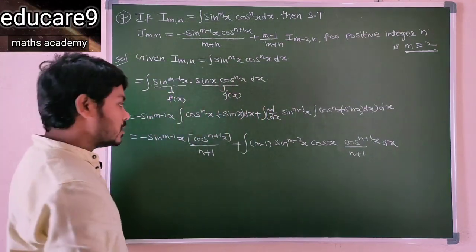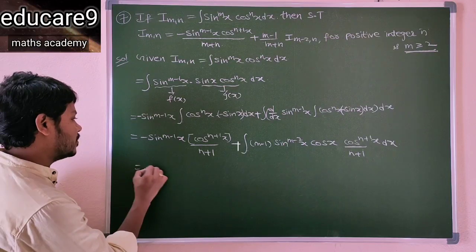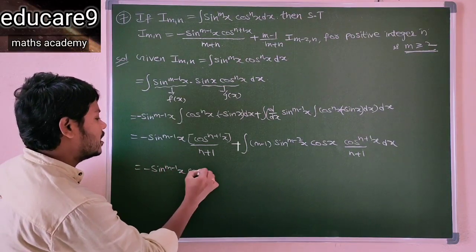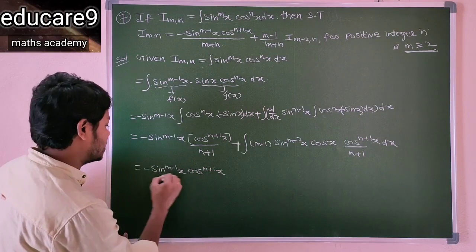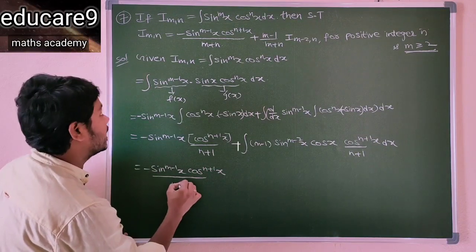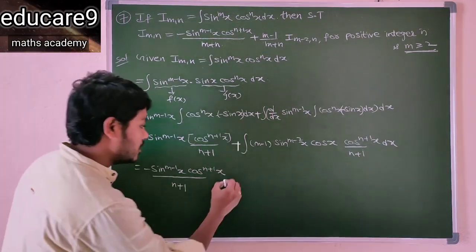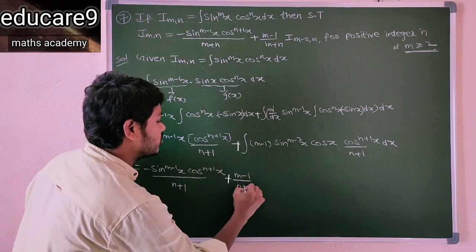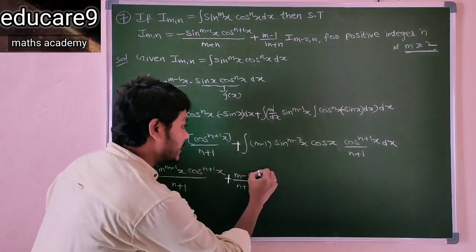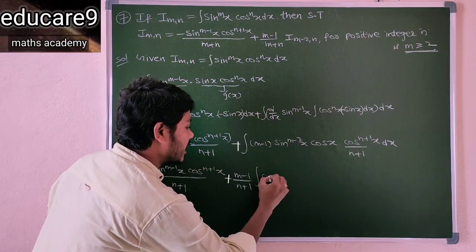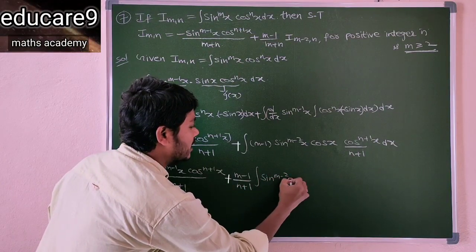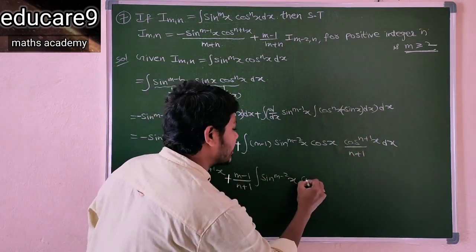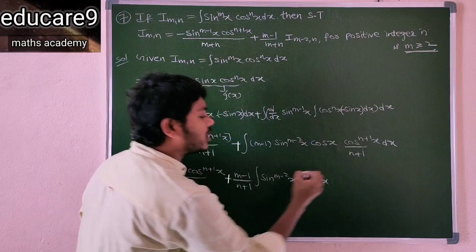Okay. Now see here, this can be written as minus sin^(m-1) x cos^(n+1) x divided by n plus 1, plus m minus 1 by n plus 1 integration of sin^(m-2) x. Now cos^(n+1) x write as cos^n x into cos x.